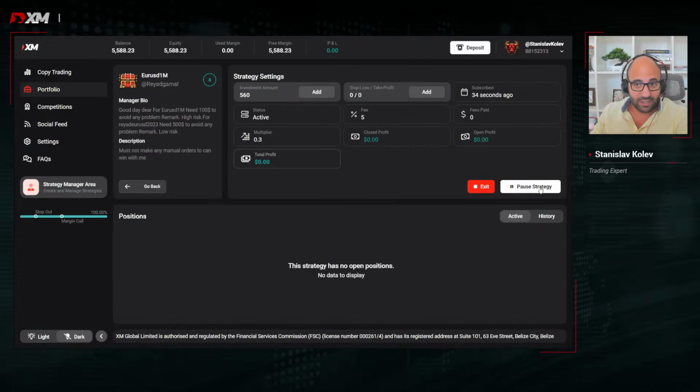Or if you don't like the general performance, you just abort by clicking exit, and you will be abandoning this strategy with whatever result it has delivered so far. As simple as it is, right?